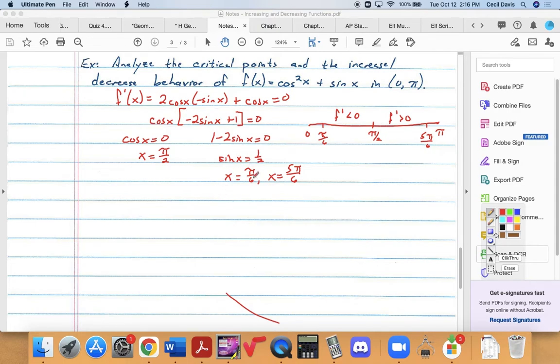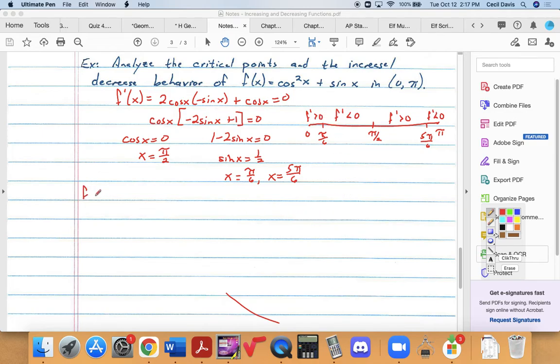Notice that this expression, the 1 minus 2 sine x, is going to change signs at pi over 6 and 5 pi over 6, and the cosine is not. So this is going to be f prime less than 0, f prime greater than 0.